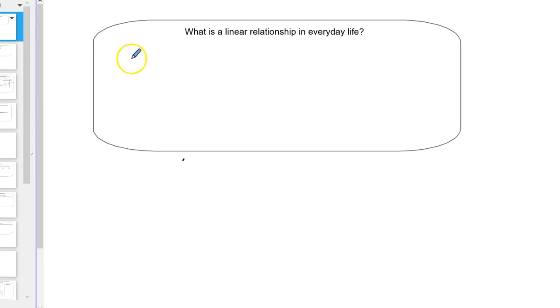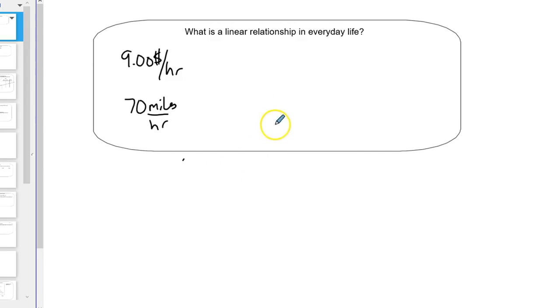Say, for example, you go to work and you make $9 per hour. This is a linear relationship. If you're driving and you're going 70 miles per hour, that's a linear relationship.